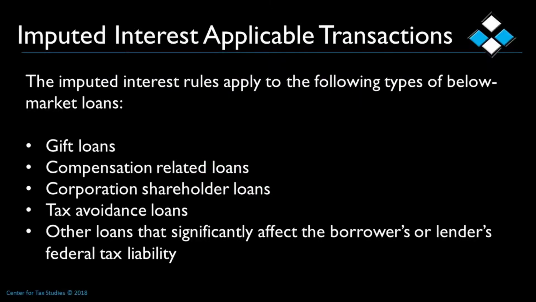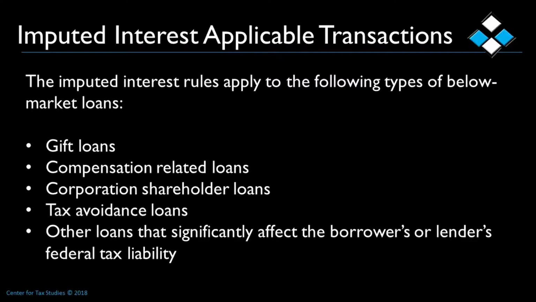Now here is a list of several below market loans where the imputed interest rules apply. These include gift loans, so when a parent gifts money to a child but treats it as a loan, and therefore you've got 0% interest. We've got compensation related loans.